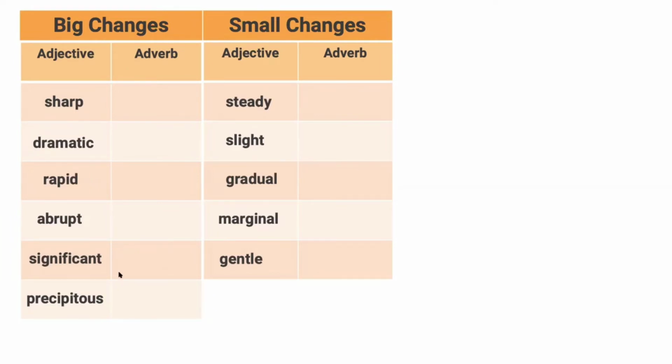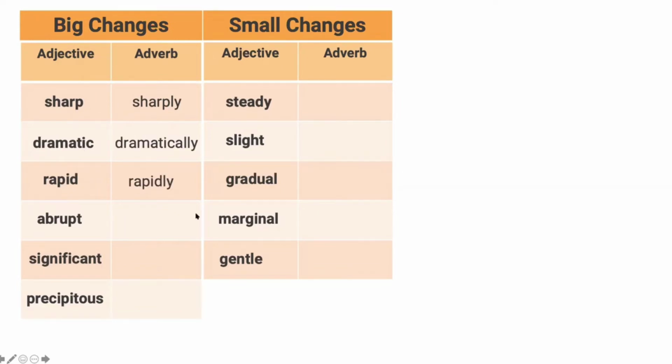We're going to go through that first, and I'm going to show you the adjective and the adverb. If you'd like, you could even pause it here and test yourself to see if you can come up with the adverbs and spell them correctly. I'm going to go through it now, so you can also do it with me. So we have our adjective as sharp. The adverb is sharply. Dramatic, dramatically.